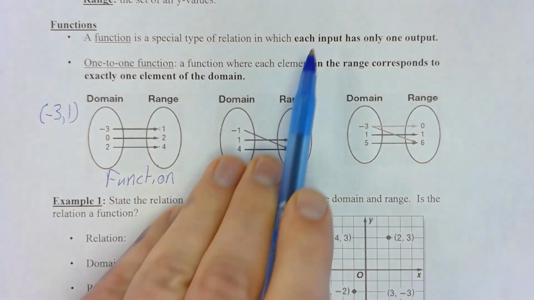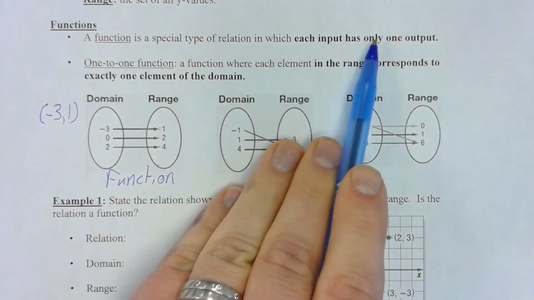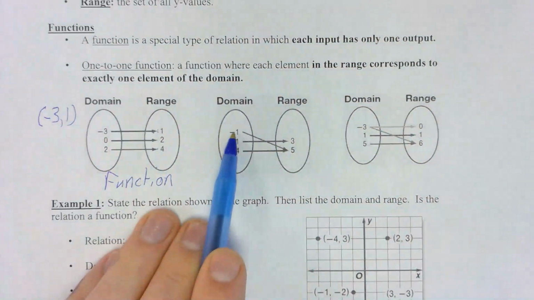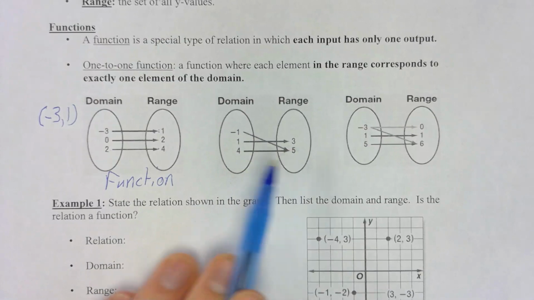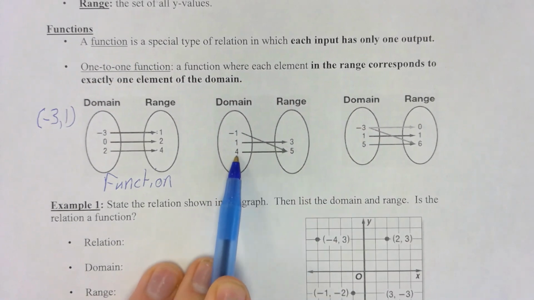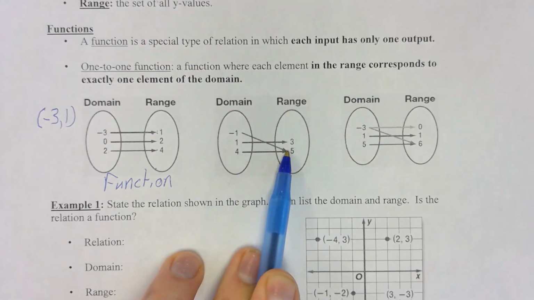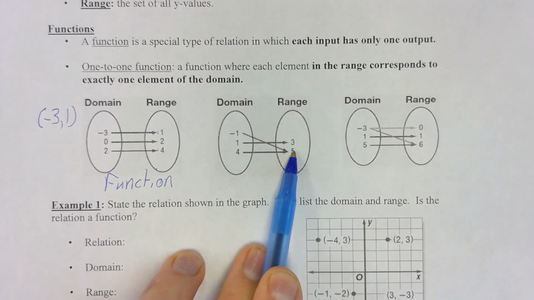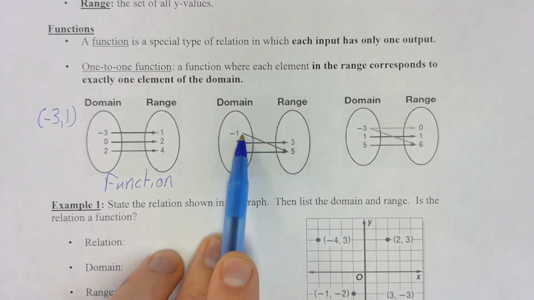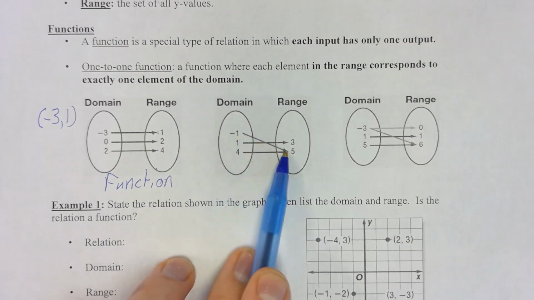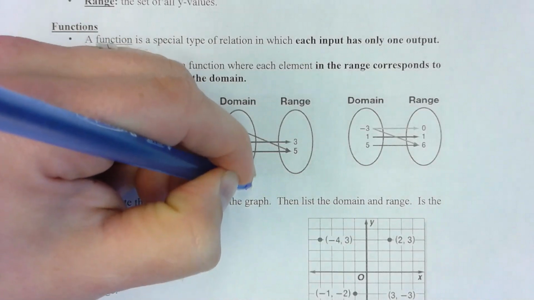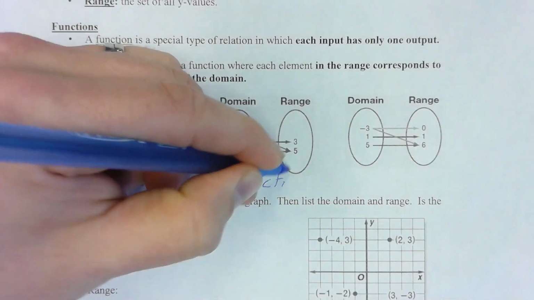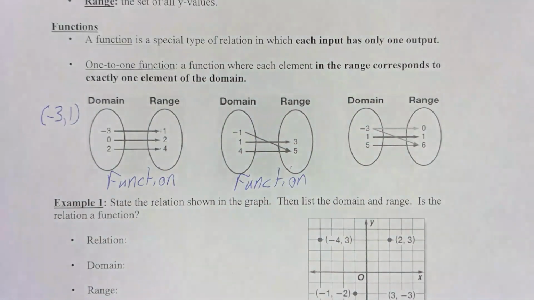But the question is, does each input have exactly one output? Well, -1 has only one output. It's 5. 4 has only one output. It happens to also be 5. But I'm okay with that because neither of these have multiple outputs, multiple lines going away from them. So we are going to call this a function as well.